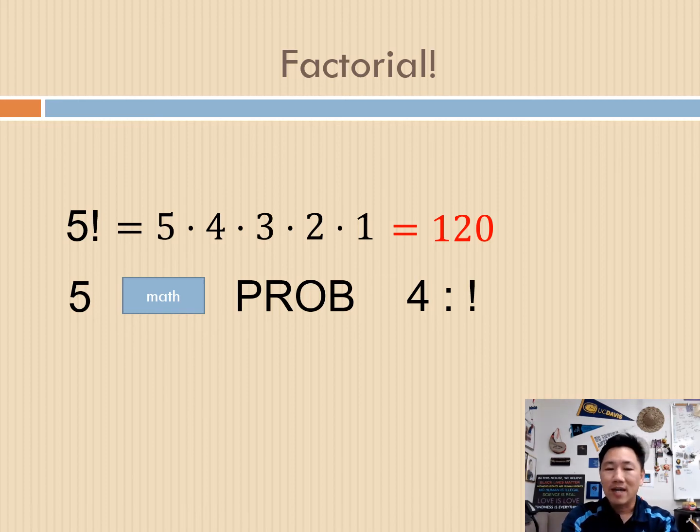When you do that, the exclamation mark will appear next to your 5, and if you push enter, it'll give you the same answer, 120. All right, so it's kind of useful. Throw it in the calculator. Throw in 0 factorial into your calculator to see what that is. 0 factorial is always going to be 1.